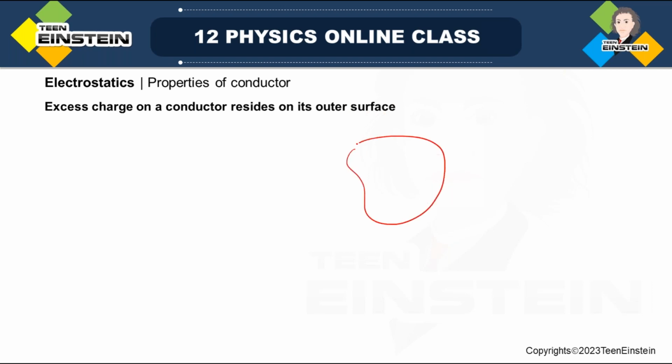Suppose I have a conductor like this, of arbitrary shape. If I put an isolated positive charge inside the conductor, the whole charge will come onto the surface, and that charge will be uniformly distributed over the surface. As a result, inside there will be no charge.